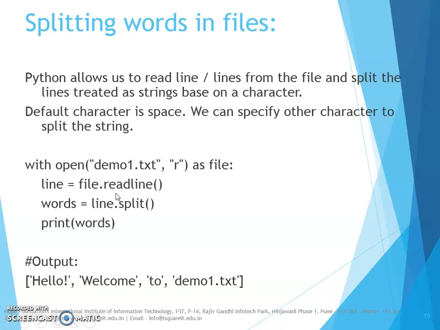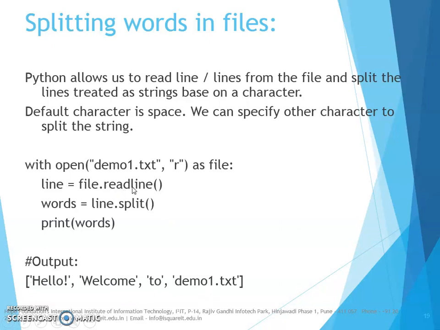By the readline method we can read only a single line, and we are splitting it by using the split method, that is line.split, and we are printing those words. Means the words on a single line, the first line from this file, will be printed separated by spaces. So we have these words: hello, welcome to demo1.txt. It is displayed as separate words here.